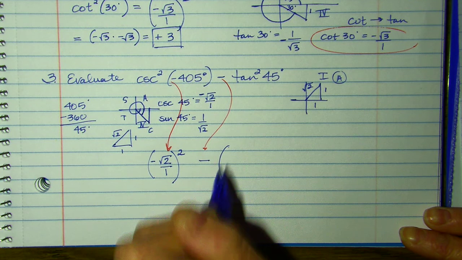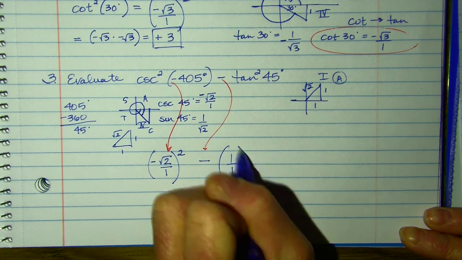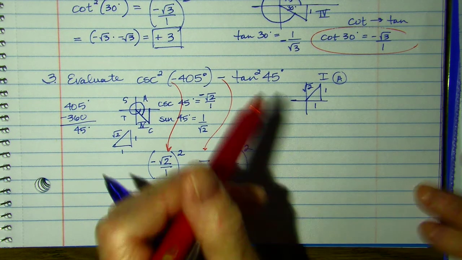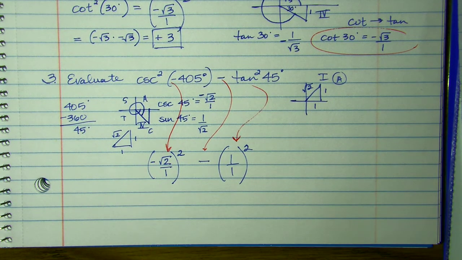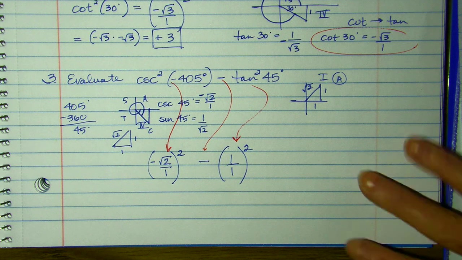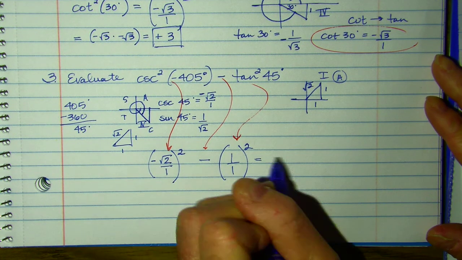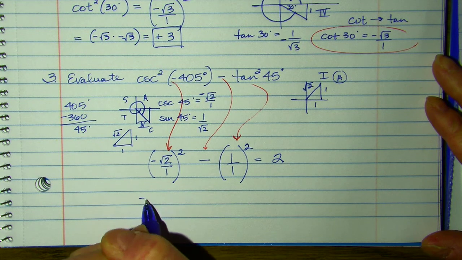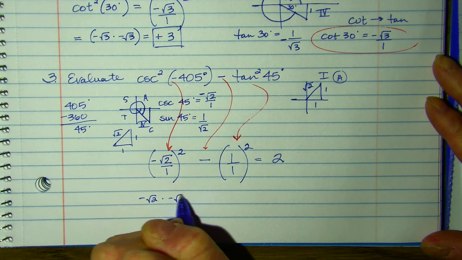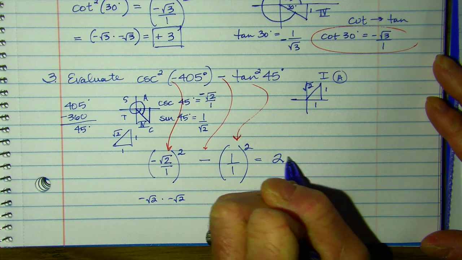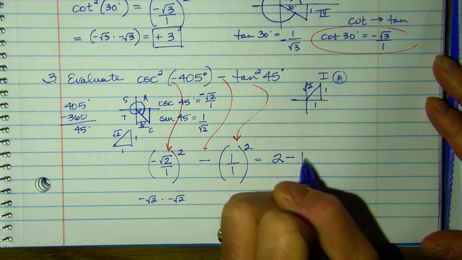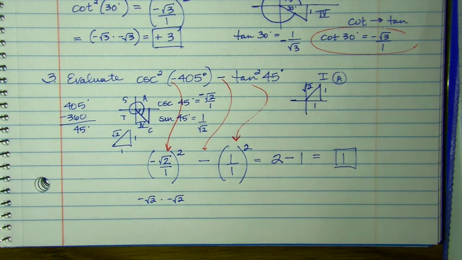So this is 1 over 1, and now I'll square it. All right, so here we go. This becomes negative root 2 squared, which is just 2, right? Because negative root 2 times negative root 2. And then minus 1 over 1 squared is 1. So my answer is 1.